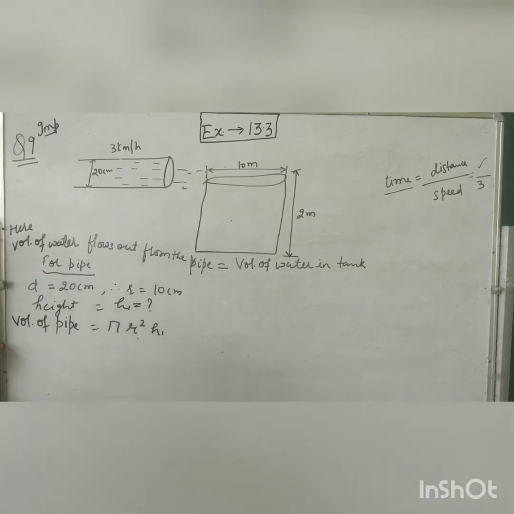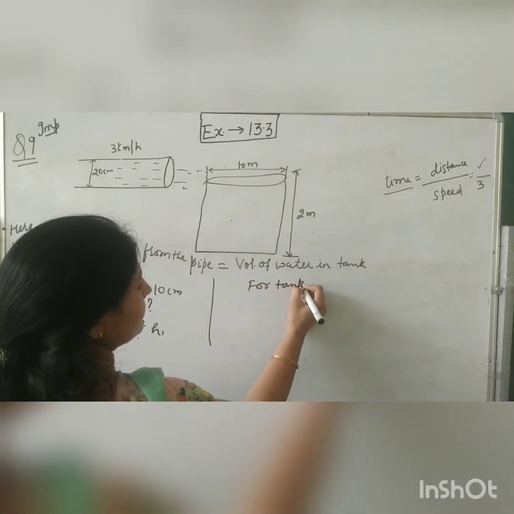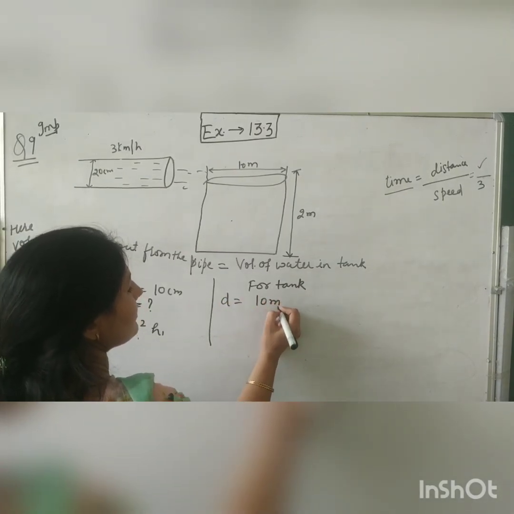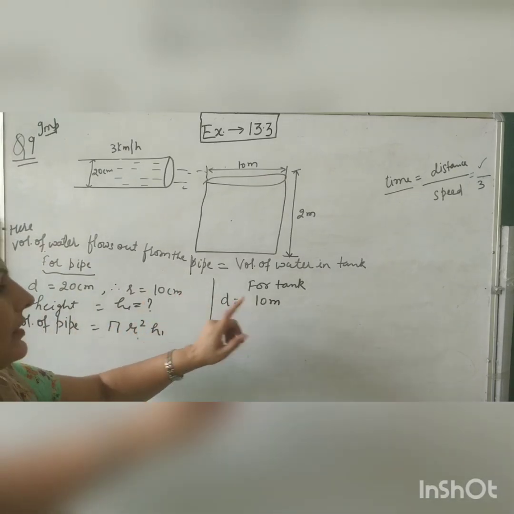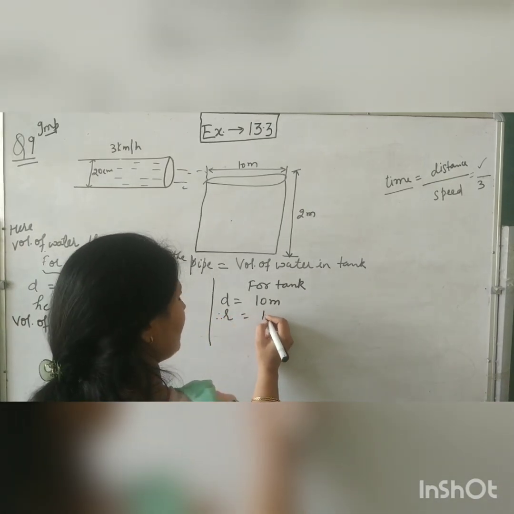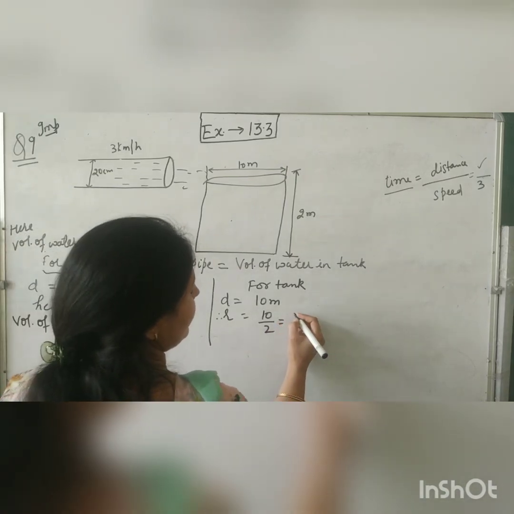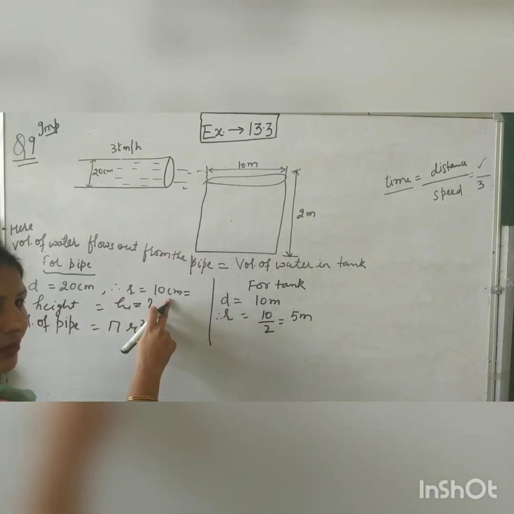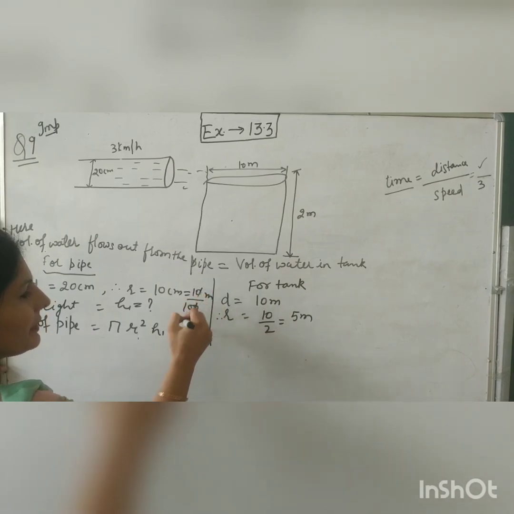Okay, now for tank, diameter is given 10 meter. Here diameter is given in centimeter, here it is given in meter. So we have to convert. 10 by 2, it will be 5 meter. Let's change it. इसको सेंटीमीटर को मीटर में कन्वर्ट करते हैं, then it will be 10 by 100 meter, means 1 by 10 meter.